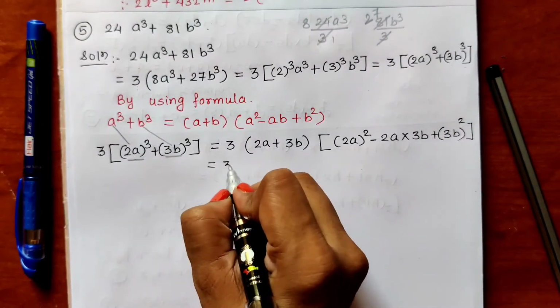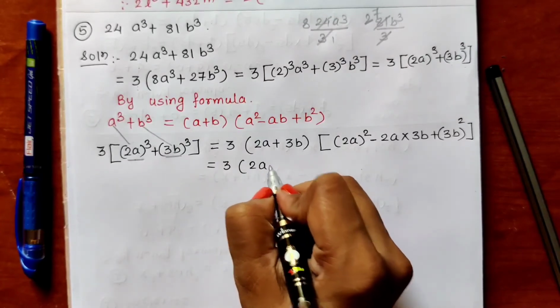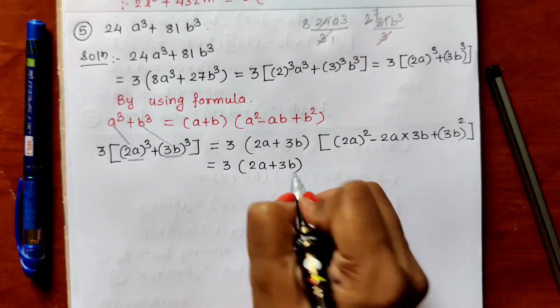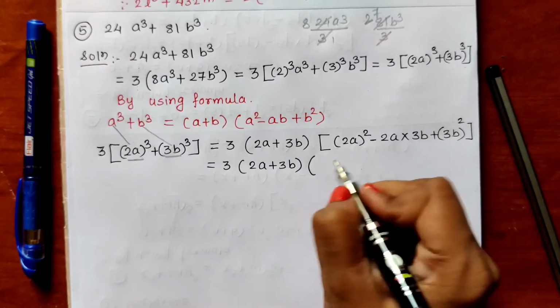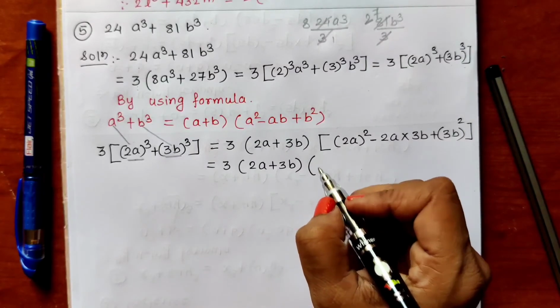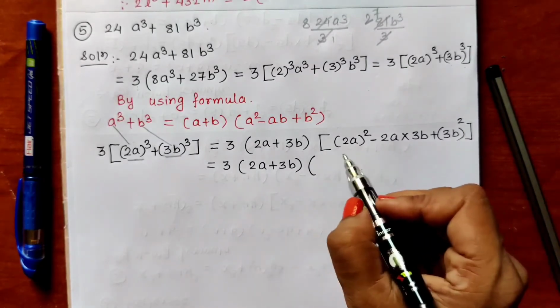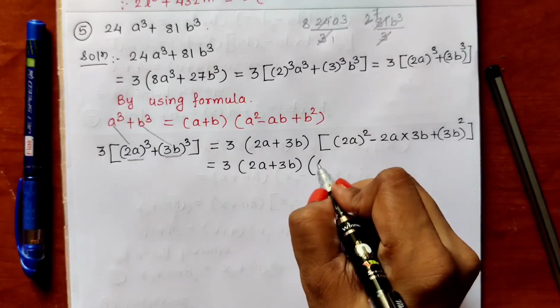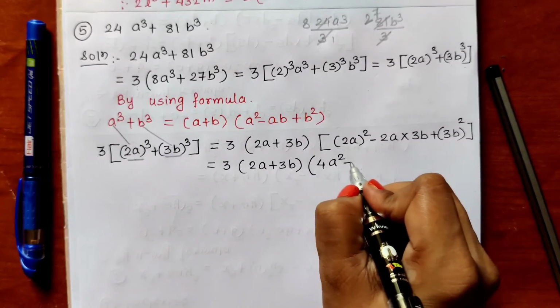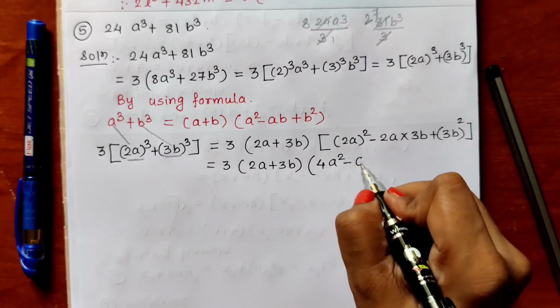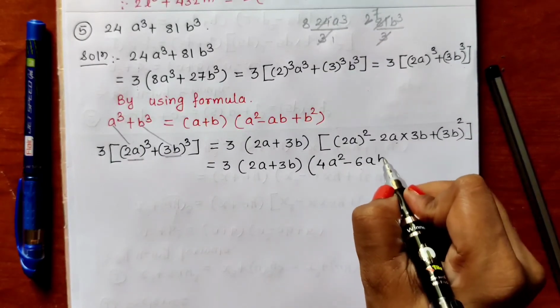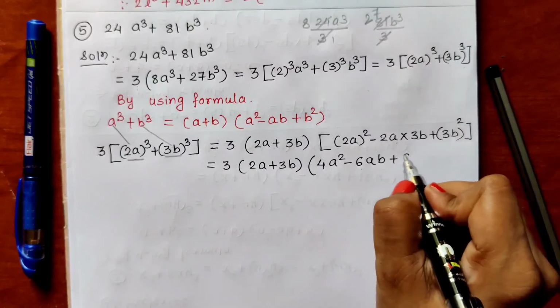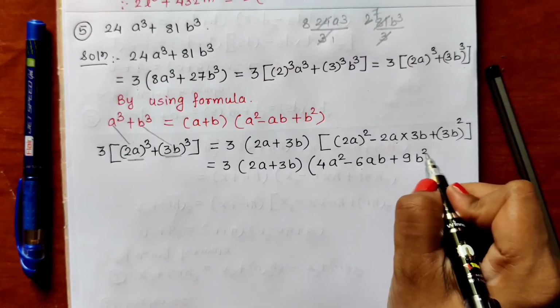Now this 3 as it is we write, 2a plus 3b. Now solve this. I will put a round bracket now because we are solving. So 2 square is 4, square of a is a square, minus 2 3s are 6, a into b is ab, plus 3 square is 9, square of b is b square.